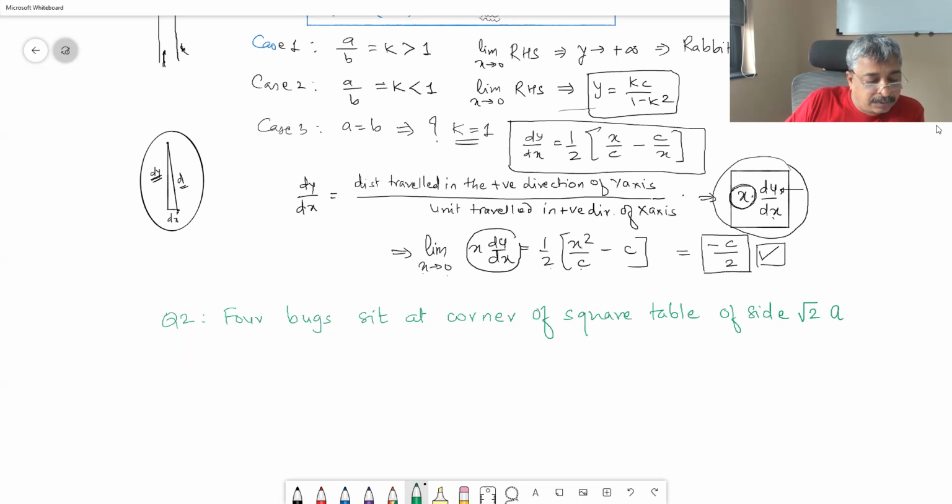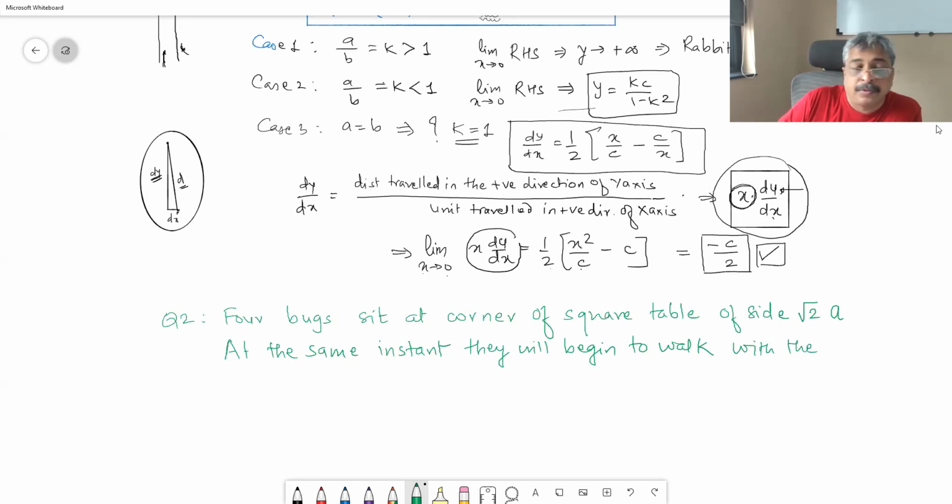At the same instant, they begin to walk with the same speed, each moving steadily towards the bug on its right.